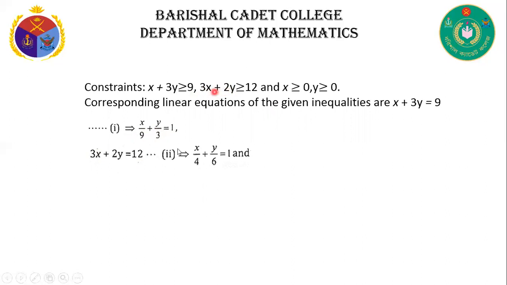Now another line. Here the other equation is 3x plus 2y is equal to 12. That means x by 4 plus y by 6 is equal to 1, with x equal to 0 and y equal to 0.